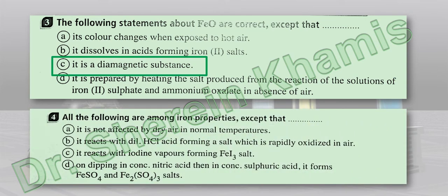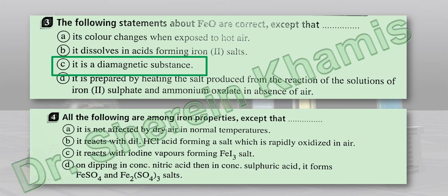All the following are among iron properties except. It means all kinds of iron. Here we have: it is not affected by dry air at normal temperature. This is the first one. Do you think it's wrong? It reacts with HCl, hydrochloric acid, forming a salt which is rapidly oxidized in air.